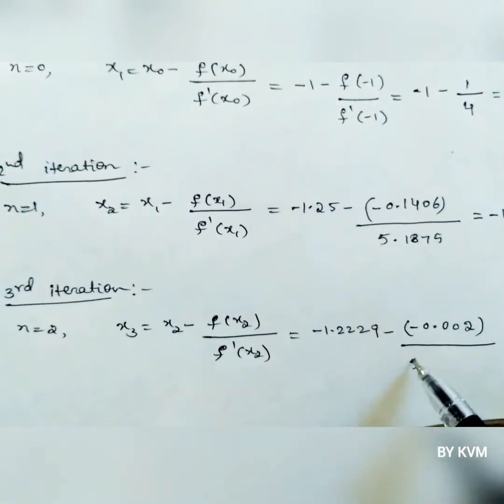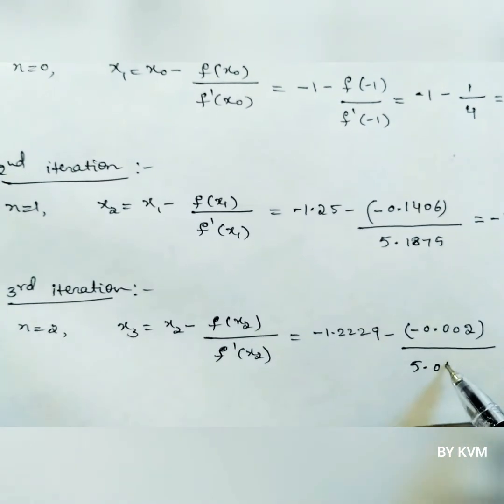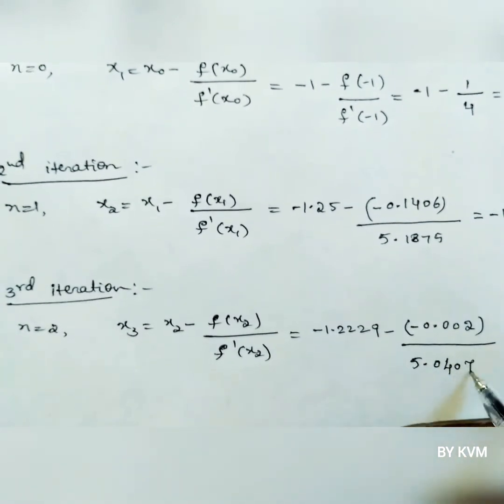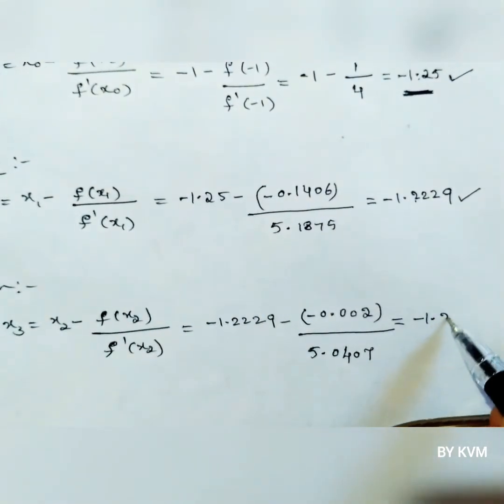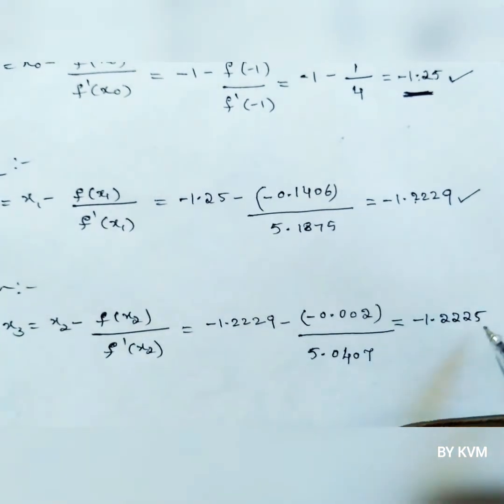We get 5.0407. So this is equal to minus 1.2225.